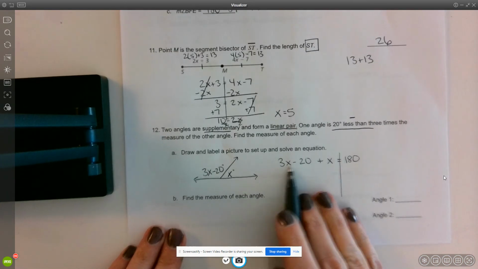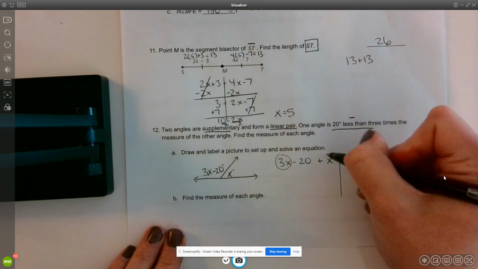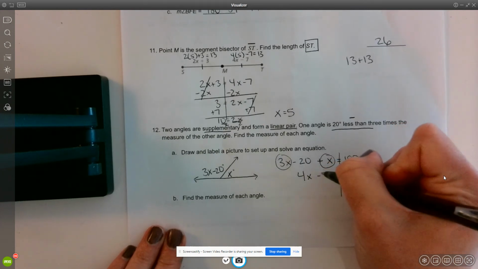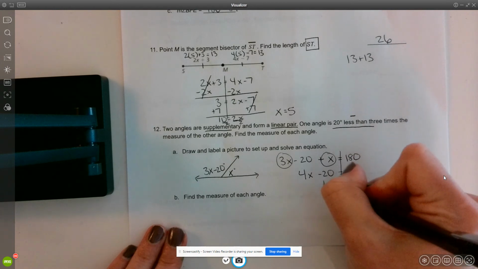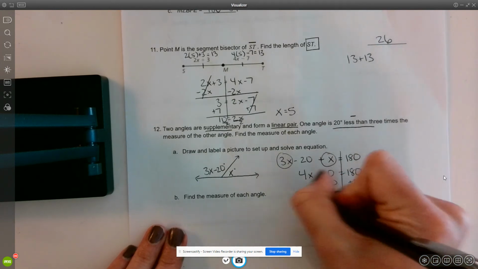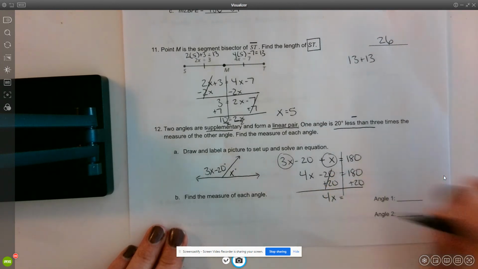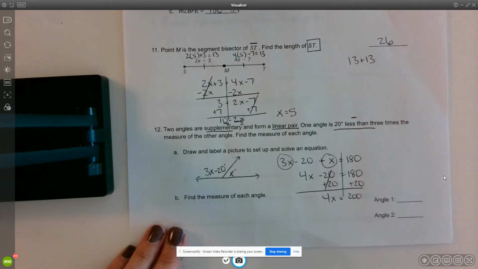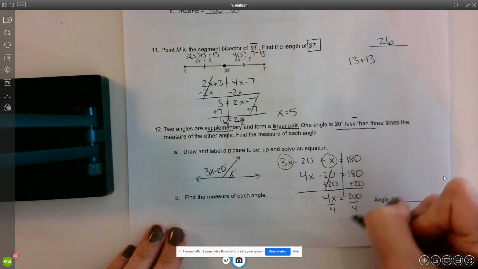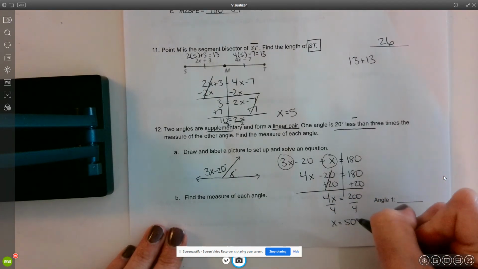I have some like terms. 3x plus x is 4x. I'm going to add 20 to both sides. Divide both sides by 4. And I get that x is 50 degrees.